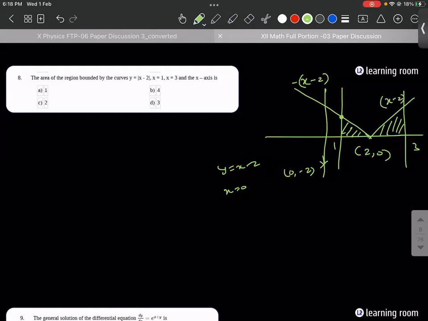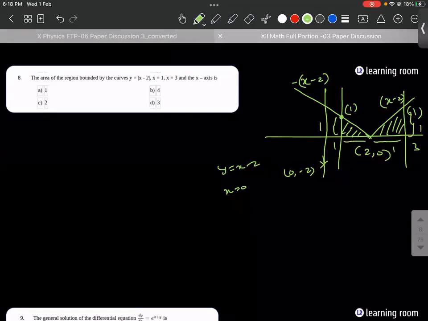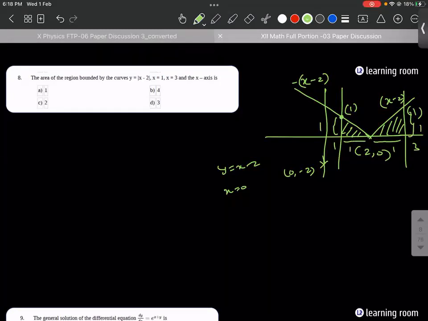So when I put x is equal to 1, what do I get here? 1 minus 2 is minus 1, so this is 1. So x is equal to 3, this will also be 1. So this height is 1, this height is 1. This is 1, this is 1. So what will be the area? Half into base into height.